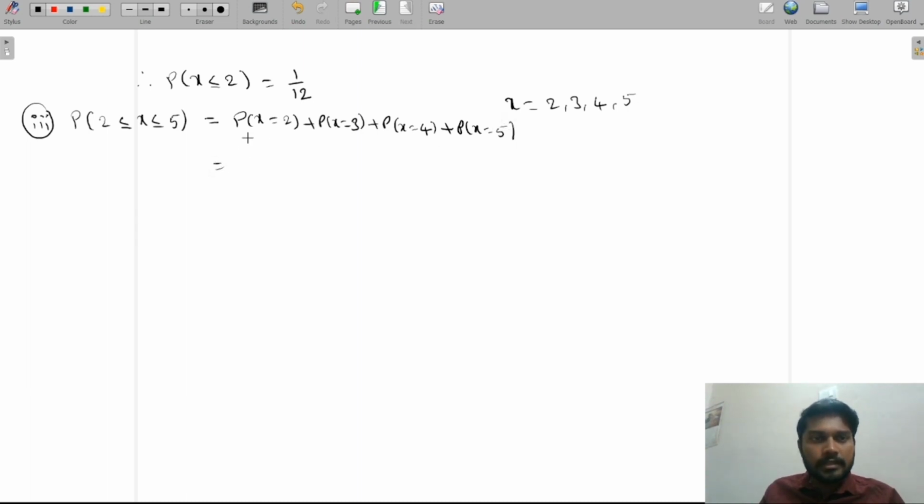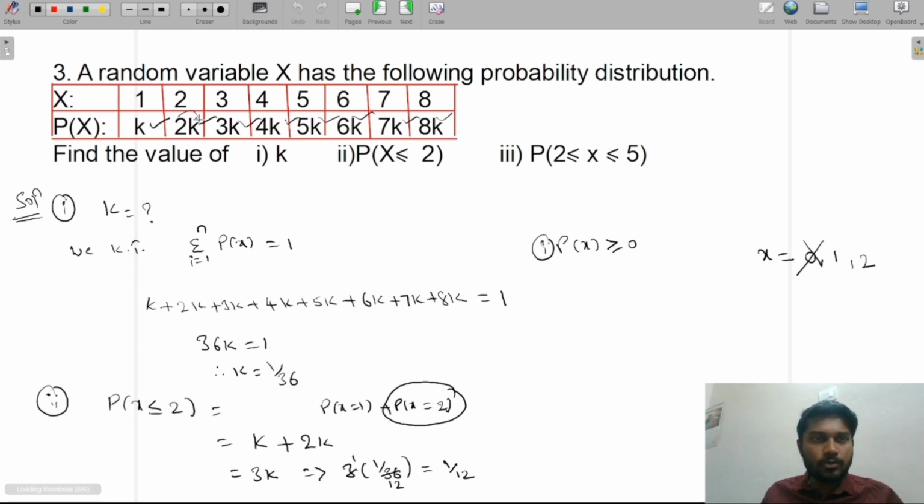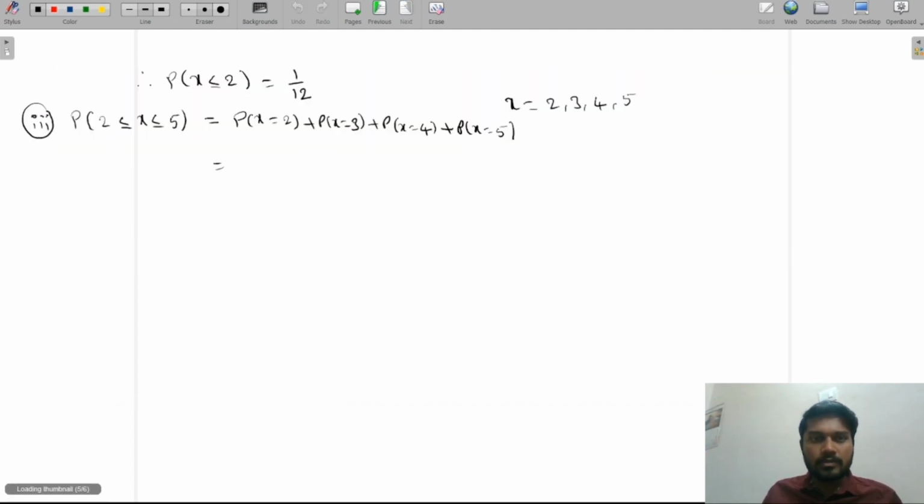At x equal to 2, what is the probability I'm having in the table? 2k. And at x equal to 3, I'm having 3k. At x equal to 4, 4k. At x equal to 5, 5k I'm having in the table.